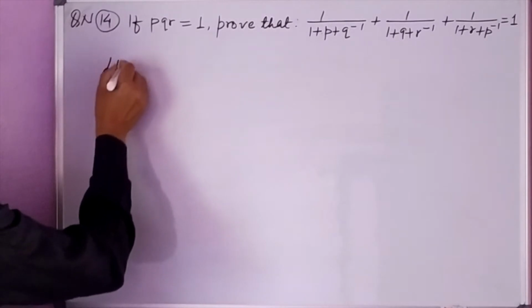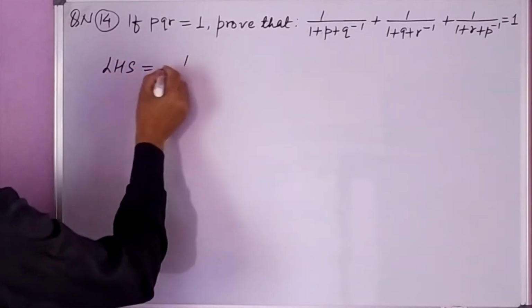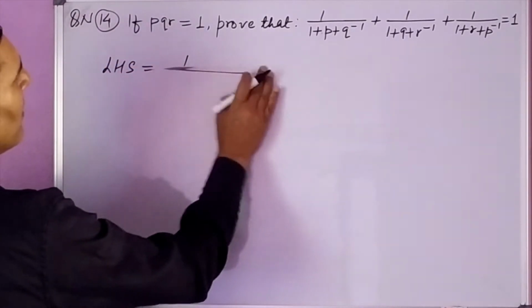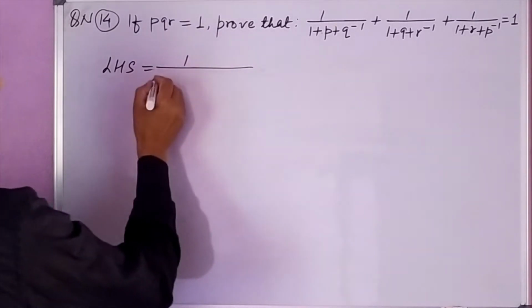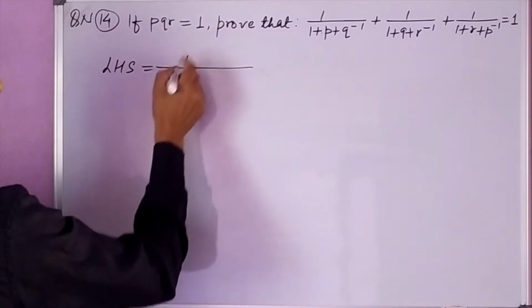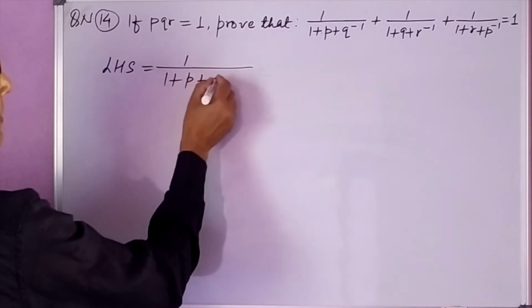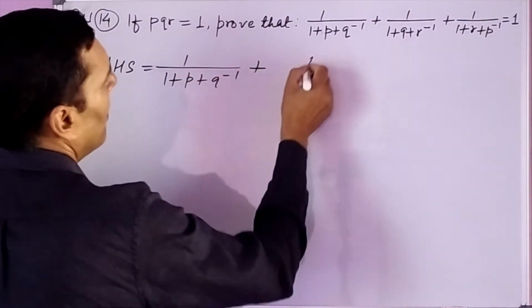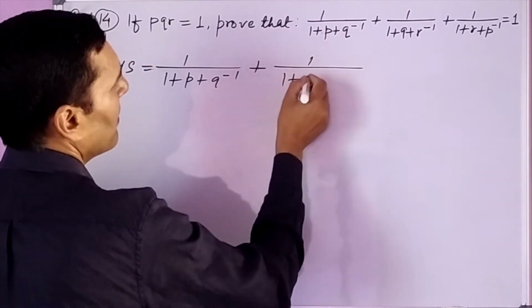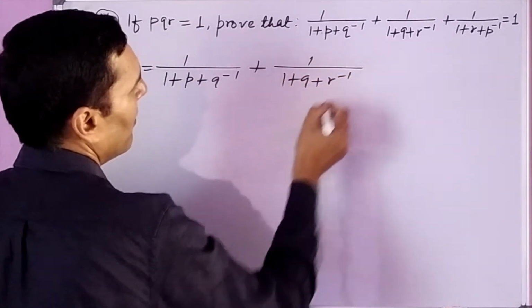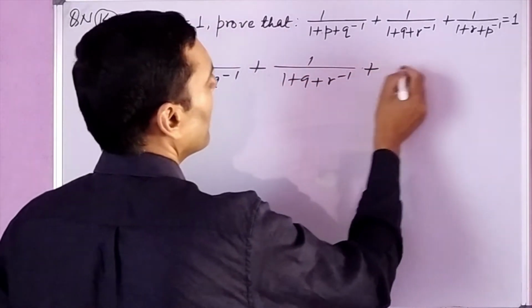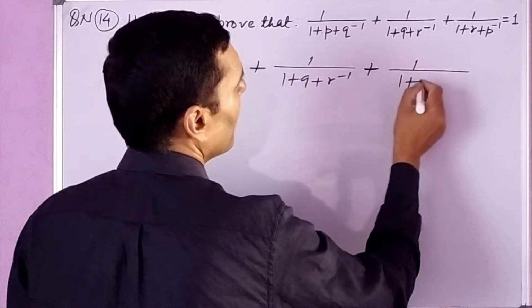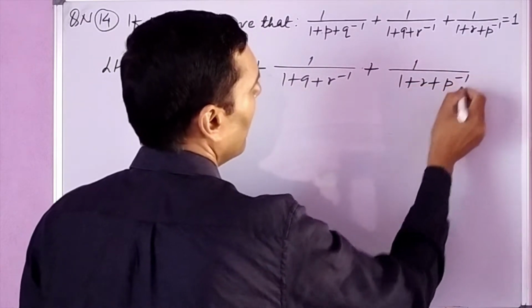So our left hand side is 1 upon 1 plus P plus Q to the power minus 1, plus 1 upon 1 plus Q plus R to the power minus 1, plus 1 upon 1 plus R plus P to the power minus 1.